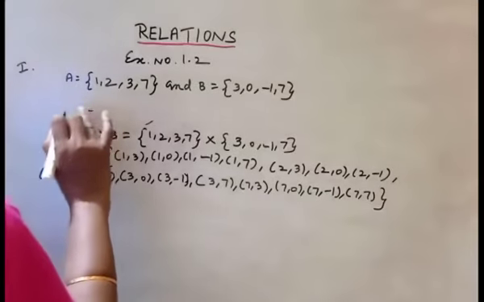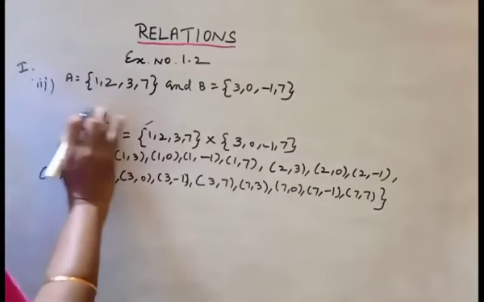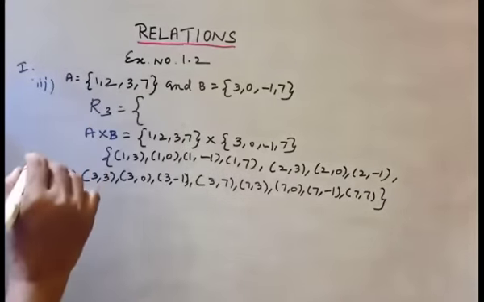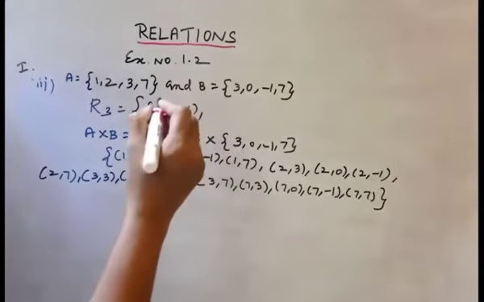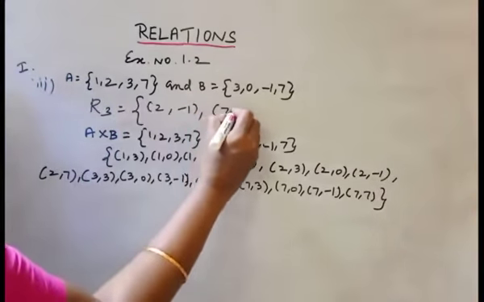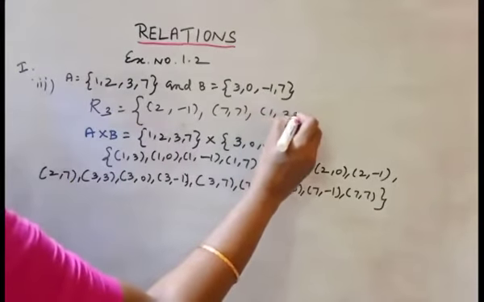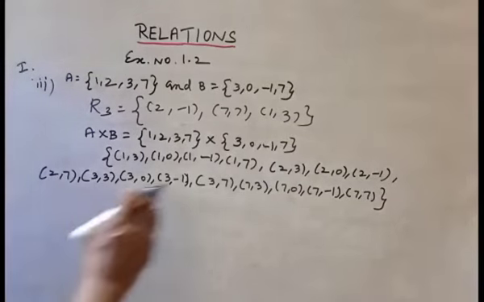Okay. Next, third, R3. R3 equal to {(2, -1), (7, 7), (1, 3)}. You see here, does (2, -1) belong to A cross B or not?